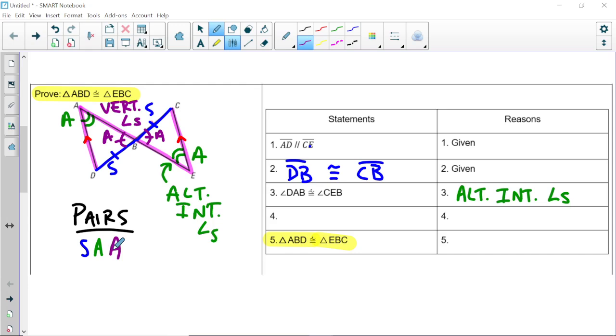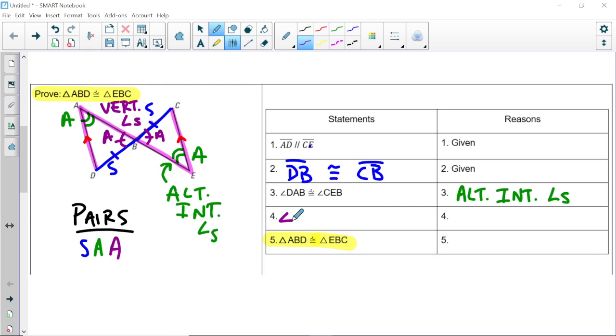So now we have a second pair of angles. And that's something that we can write down for our statement and reason. We've got those 2 angles. Our reason would be vertical angles are congruent. When we name those angles, it's super important that we use 3 letters. We cannot call those angle B because there's more than one angle at that vertex. So you have to use 3 letters when naming the 2 angles here.